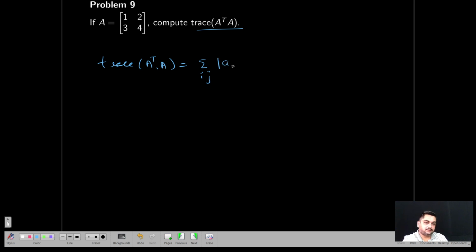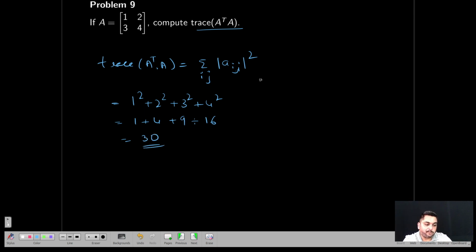You add them with their squares, a_ij square, that is nothing but 1 square plus 2 square plus 3 square plus 4 square, which is 1 plus 4 plus 9 plus 16, should be 30. Okay.